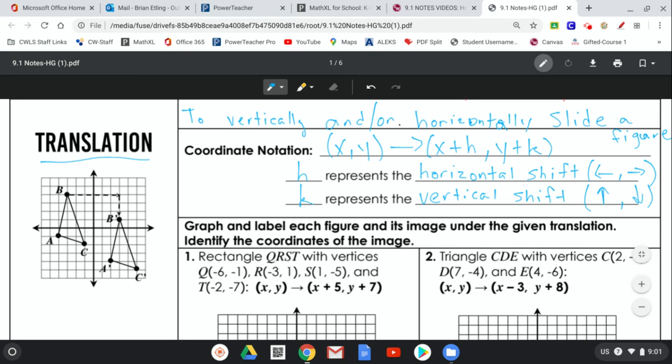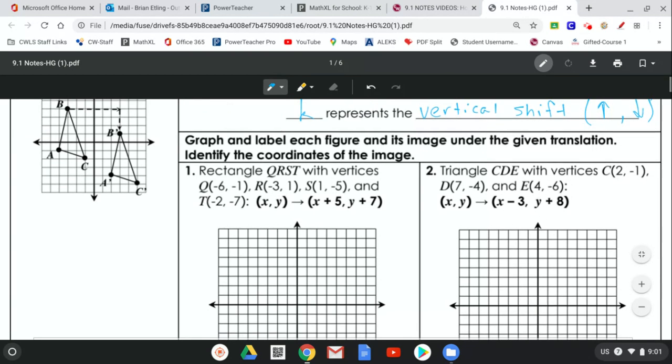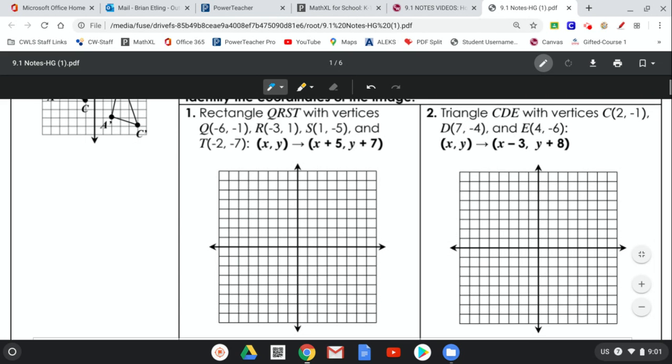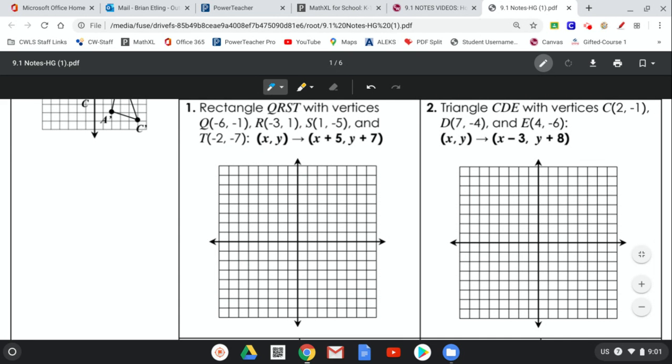So if we look at an example here, we have this rectangle QRST. The first thing is you've got to make sure you're plotting points correctly. So you've got to plot QRST, so Q is going to be at -6, -1. When you're plotting these points, guys, I can plot it right on here, but you can always plot them on Desmos.